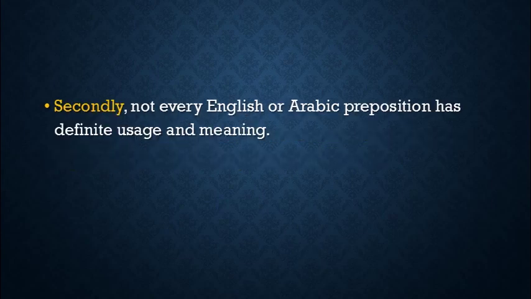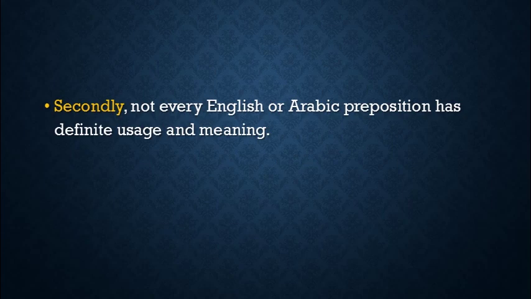Okay. So secondly, not every English or Arabic preposition has definite usage and meaning. What does this mean? It means that the preposition meaning would differ according to the context that it is mentioned in. By the context I mean the accompanying words.